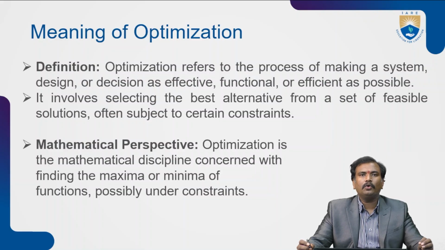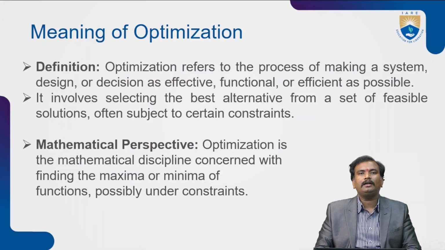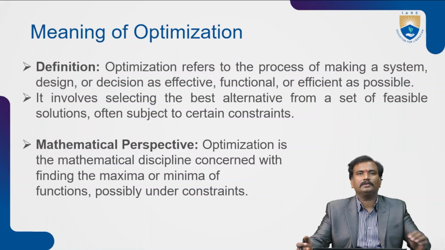Whenever we deal with optimization from a mathematical perspective, it is nothing but either we need to maximize or minimize. Whenever we deal with maximizing or minimizing, we need to carry out mathematical processes.